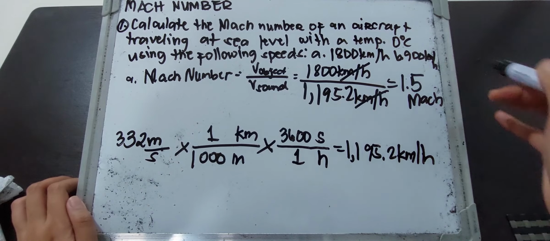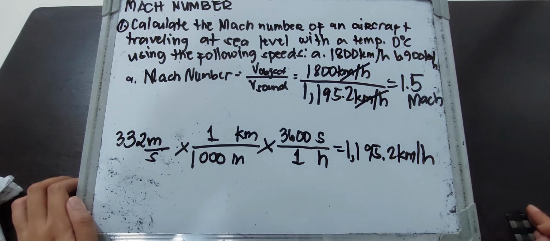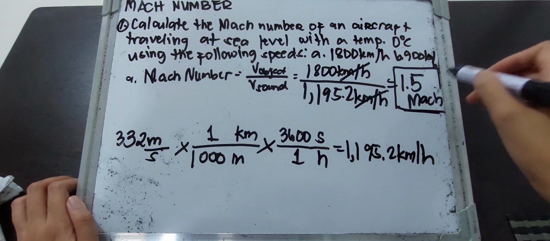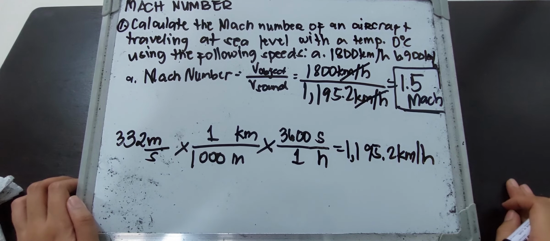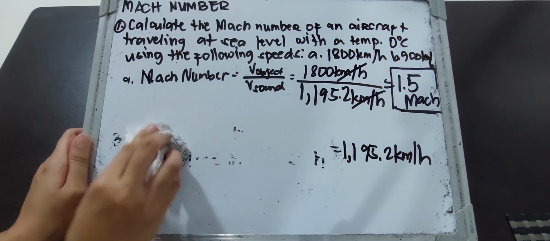So, this is the Mach number of the aircraft if its speed is 1,800. And we have conditions there, right? Since our Mach number is more than 1, we say that this is in supersonic condition, because it is more than 1. So, next, letter B.